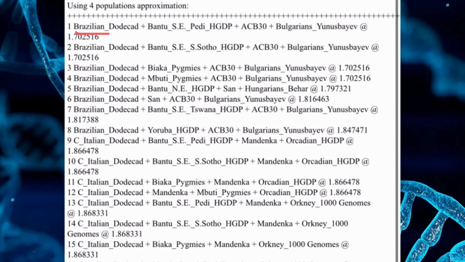And we know that Brazilian isn't a race, but just like Puerto Rican and Dominican, they have a configuration for what the average Brazilian would be. So they have 25% Brazilian, 25% Bantu, 25% ACB30, I do not know what that stands for, and 25% Bulgarian. So we got Bulgarian again, and I have no idea what ACB30 is.